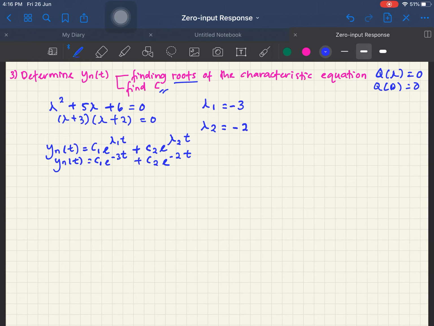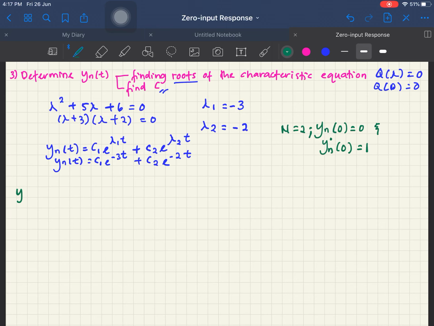Next, we determine c1 and c2 using initial conditions. In the slides, I mentioned that for n equals 2, the initial conditions are yn of 0 equals 0 and yn dot of 0 equals 1.